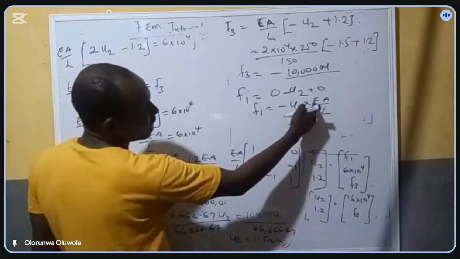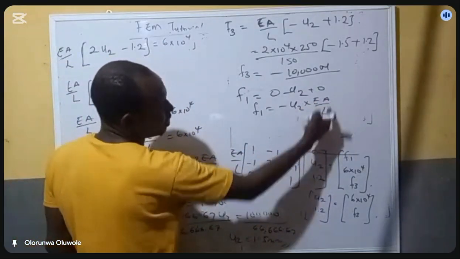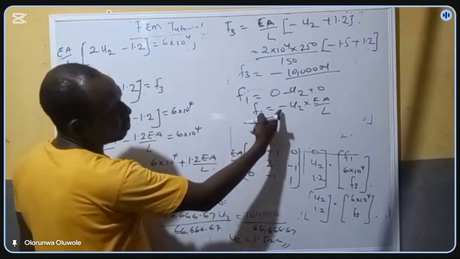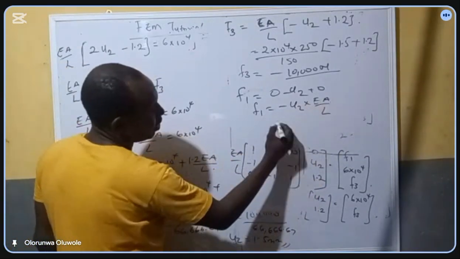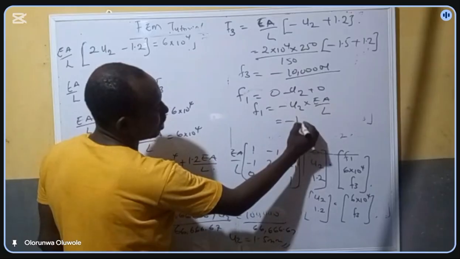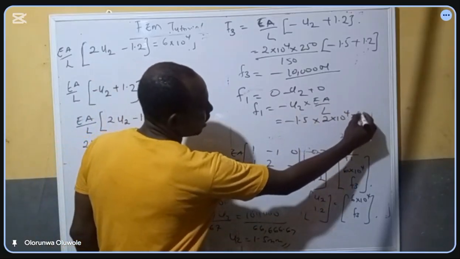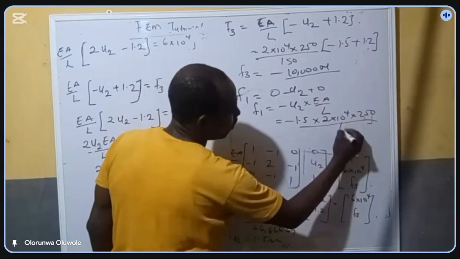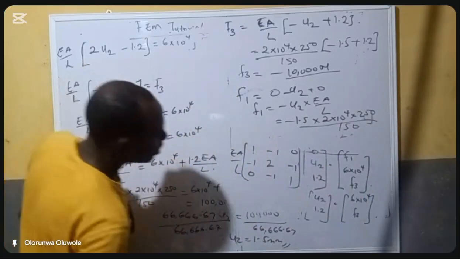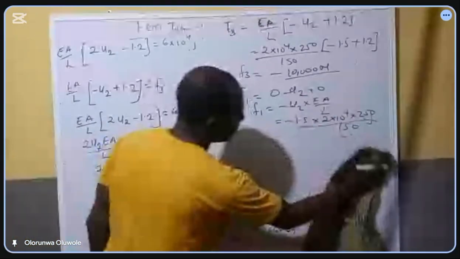So F1 is now minus U2 times EA over L, which will be minus my U2, minus 1.5, times my E, 2 times 10 to the power 4, times 250 over 150. What will be the final answer then?